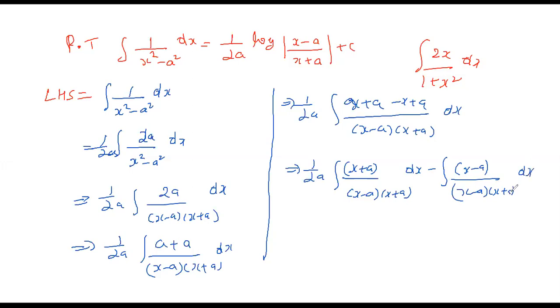Now I can cancel x plus a and x minus a. What is remaining now? 1 by 2a, integration of 1 by x minus a dx minus integration of 1 by x plus a dx.